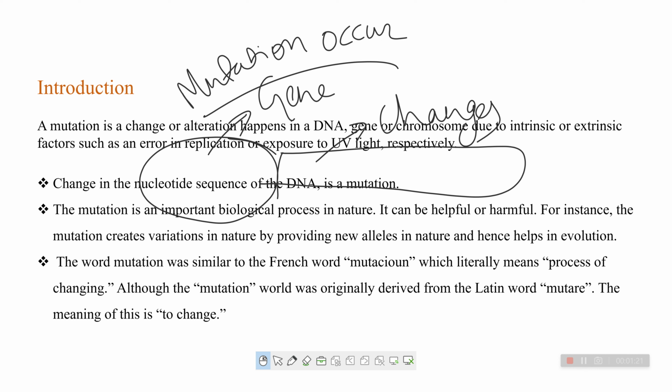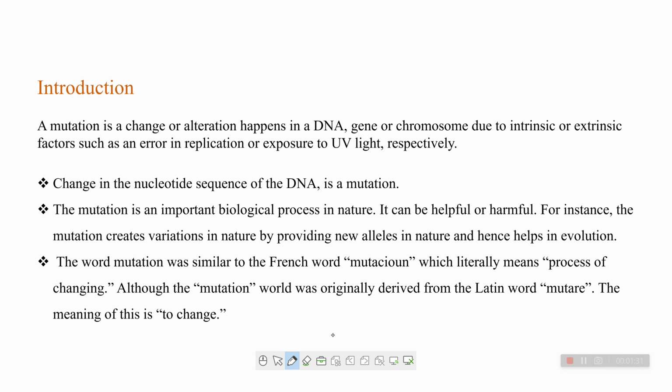So here, a mutation is a change or alteration that happens in DNA. DNA means gene, right?